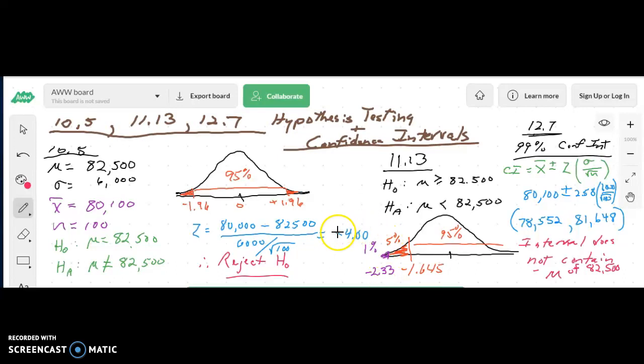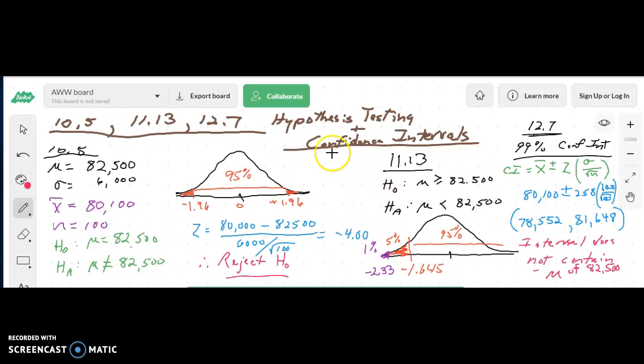Either way, our value of negative 4, which was based on a sample of these 100 women, was still further out in the tail. And either way, we can reject the null hypothesis. Hopefully that then reviews 11.13 well for you.